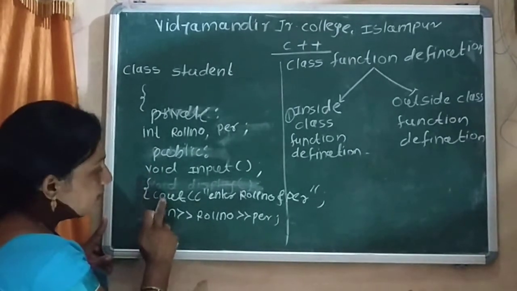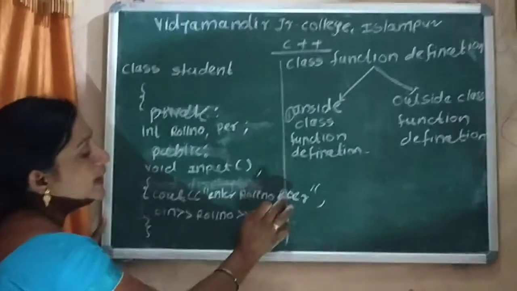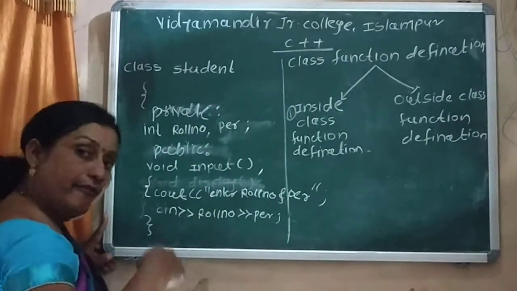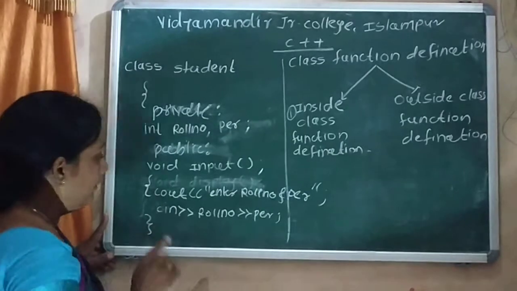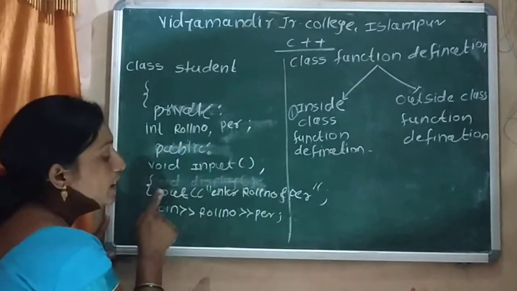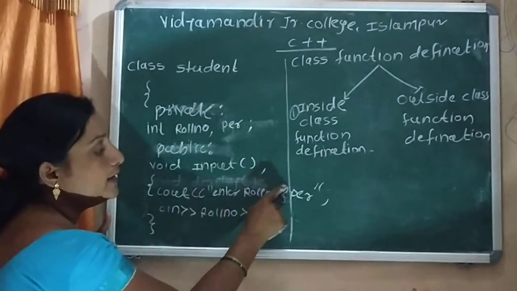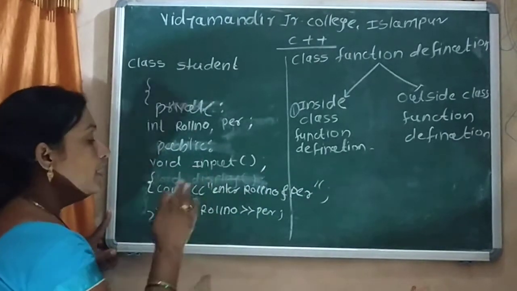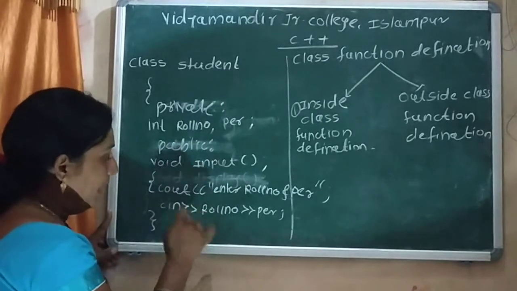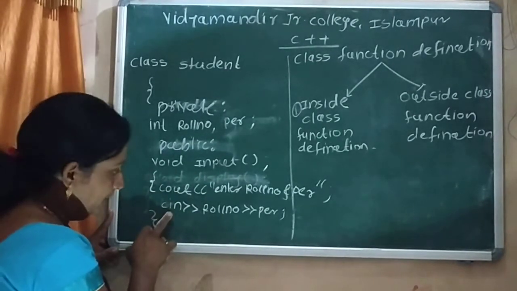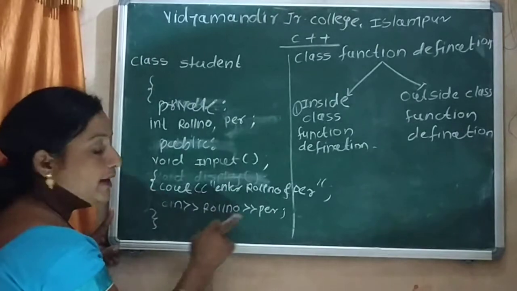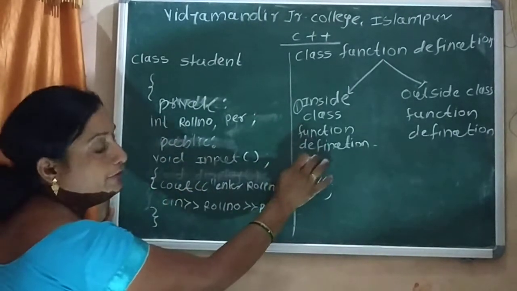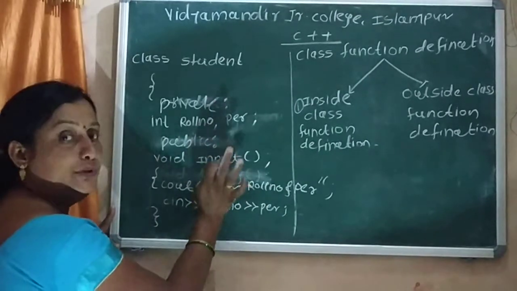Input function is used for inputting values of the variables. So I write the message cout, enter roll number and percentage, PER. Then we input the values, so I use cin, a predefined function, roll number and PER. That is the implementation or definition of the input function.